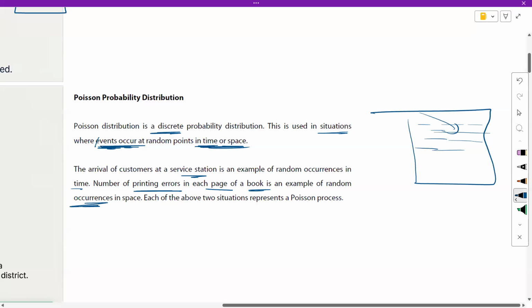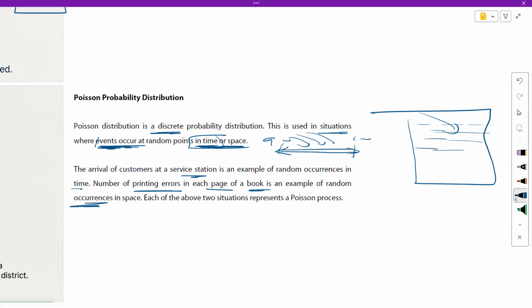In the first example, it is a time. From 9 a.m. to 10 a.m., or 9 a.m. to 10 p.m., within this gap, how many customers visit the shop? That is time.